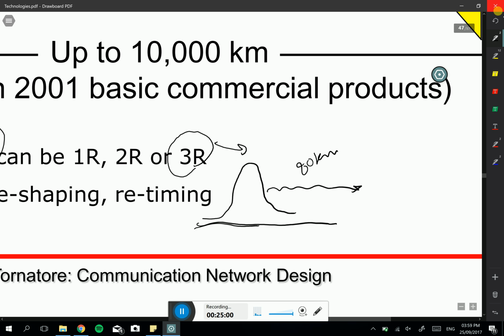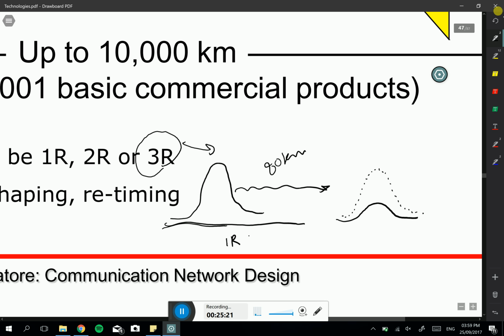So for this phenomenon, you need the first R. You need to increase again the power of the signal. This is called amplification, which is something you can do in the optical domain. Amplification can be done in the optical domain.